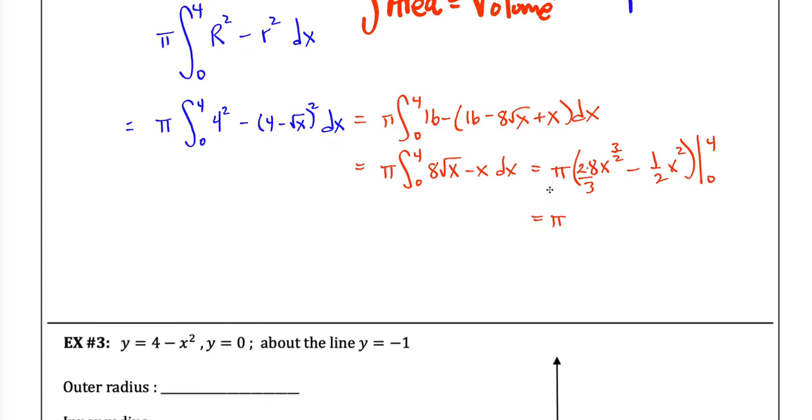Pi times, oh my gosh. Square root of 4 is 2. 2 cubed is 8. 64 times 2 is 128 thirds. 2 thirds times 8. 16 minus 16.